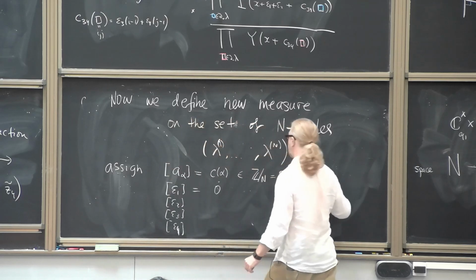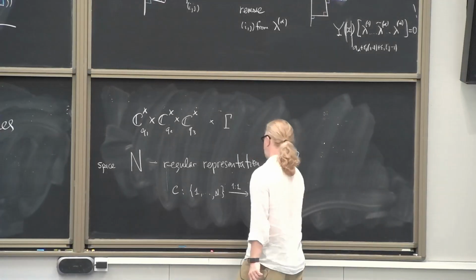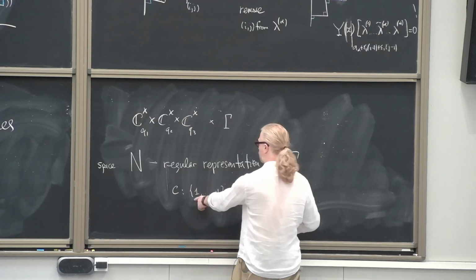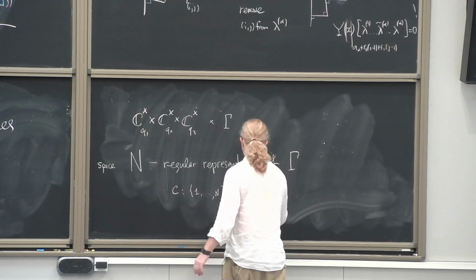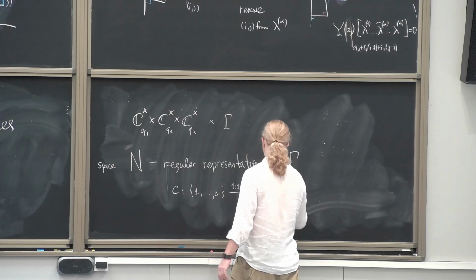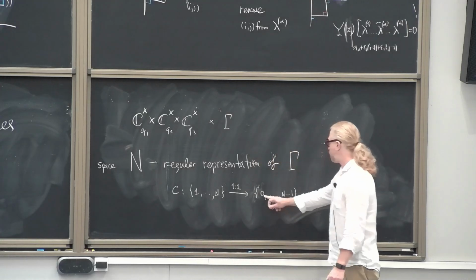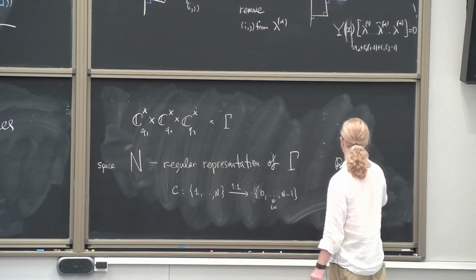So for the regular representation, the function C should be a one-to-one correspondence between the set 1 to n and the set of irreps of gamma. And so let me label irreps of gamma by integers from 0 to n minus 1.